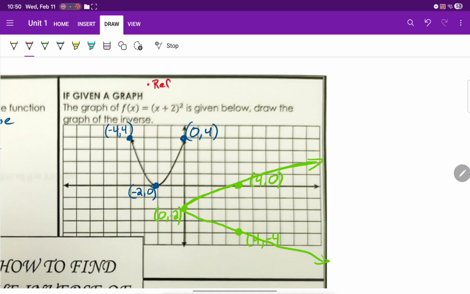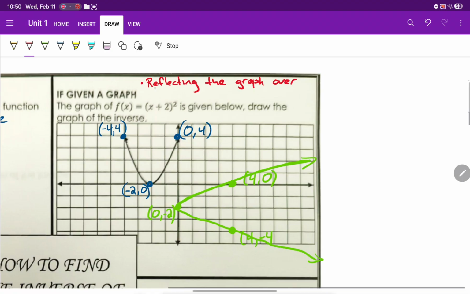You're reflecting the graph, and I'm going to show you this in a second, over the line y equals x. What is the line y equals x? Well, that's your most basic linear function. It is a line with a y-intercept of 0 and a slope of 1. It's this line right here.